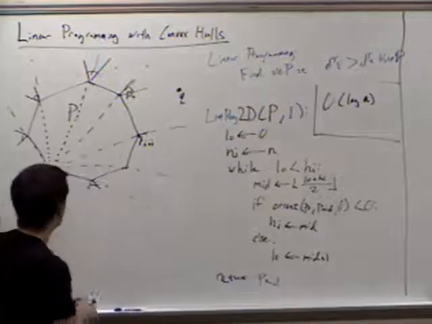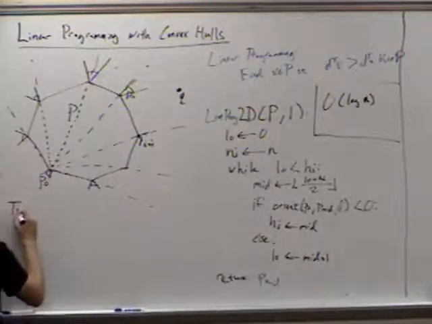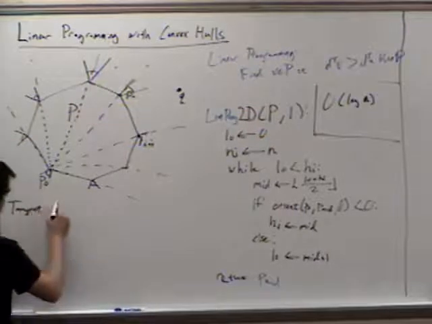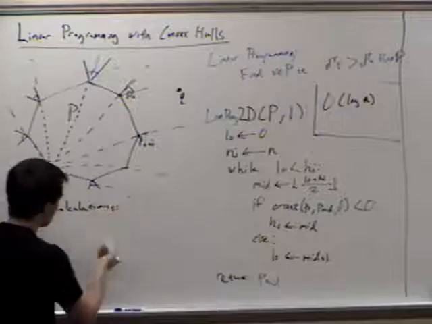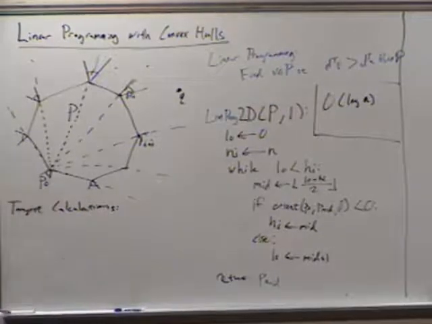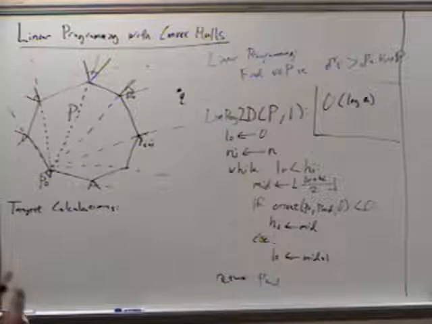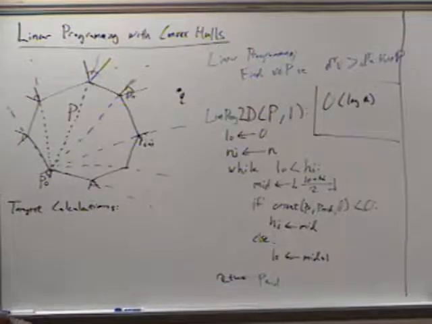So the first step, tangent calculation. This is one way to do it. There are many, many ways to compute tangent lines for a point. I think we even talked about some other different ways last time too. But this is the one I'm going to talk about today because it ties into linear programming.